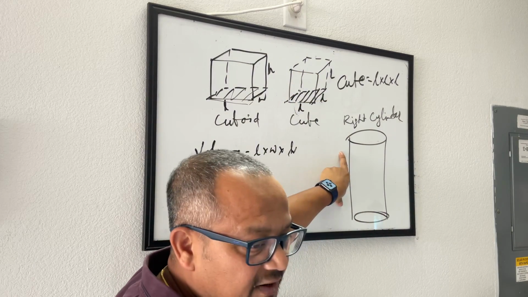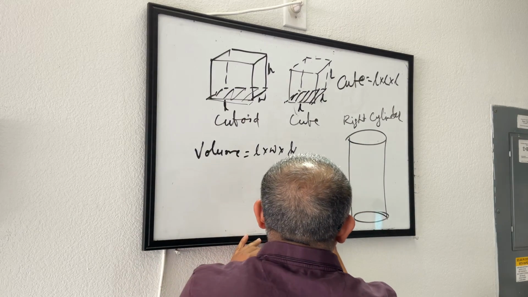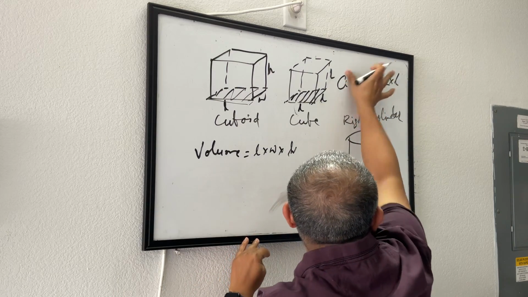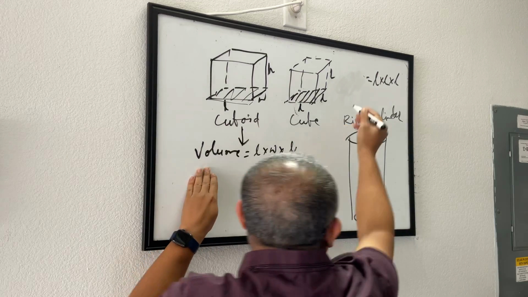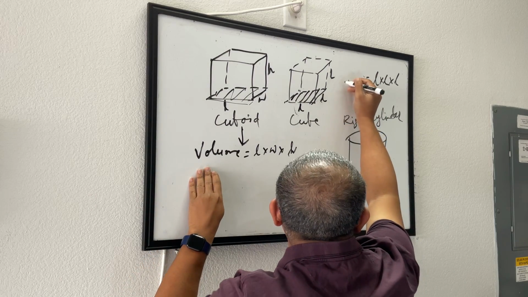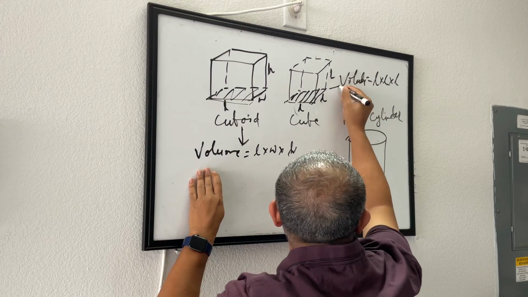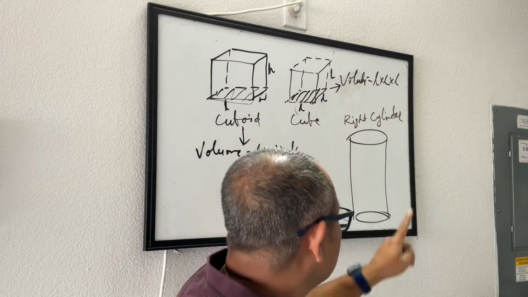If you look at the area of a right cylinder, area of the base, okay, what am I writing? I'm out of my mind. This is the volume of the cuboid. Here, instead of saying cube, I said cuboid, and this is the volume of the cube. I'm just relating it. This was length times length times length.